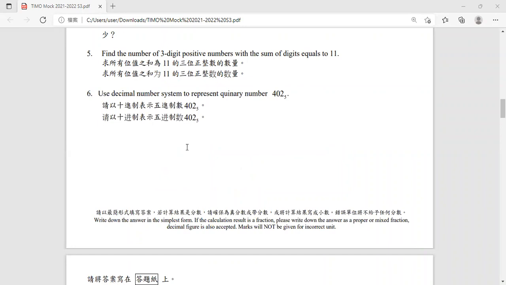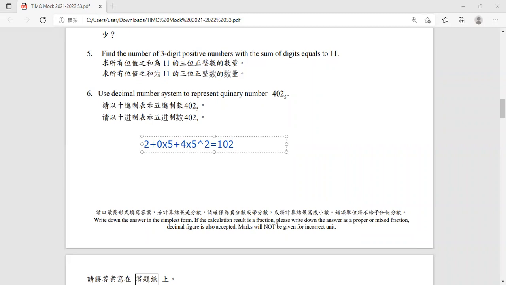Okay, this one is just easy. Because it is quinary, you just take all the digits, so it's equal to 4 times what? You can actually do it from the start.